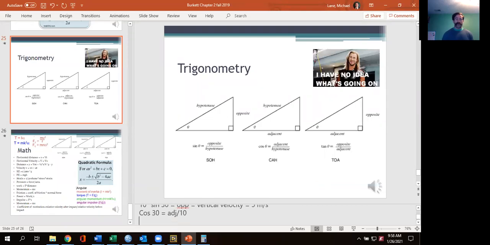So this in turn will give us 10 times cosine of 30 equals the adjacent, which is going to be equal to horizontal velocity, equal to, great job, guys, great job, 8.66.